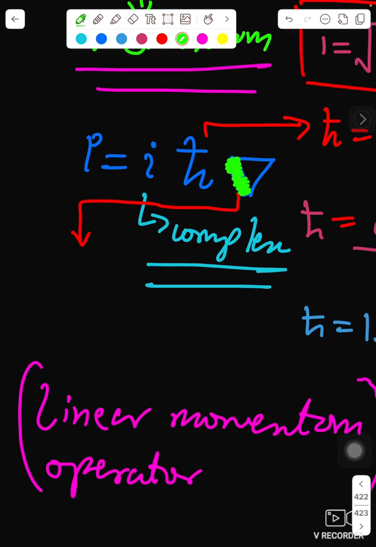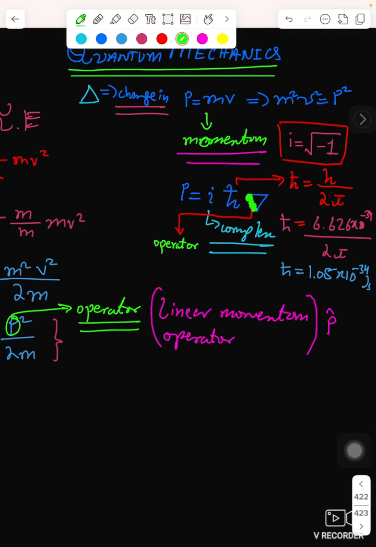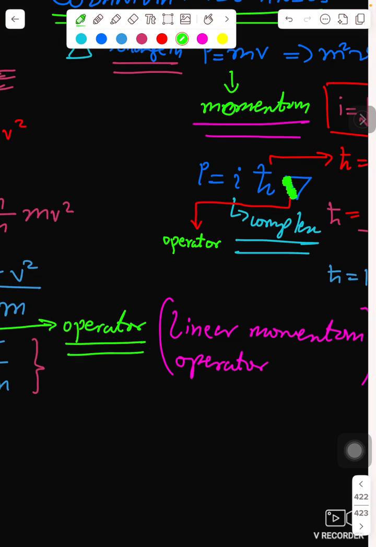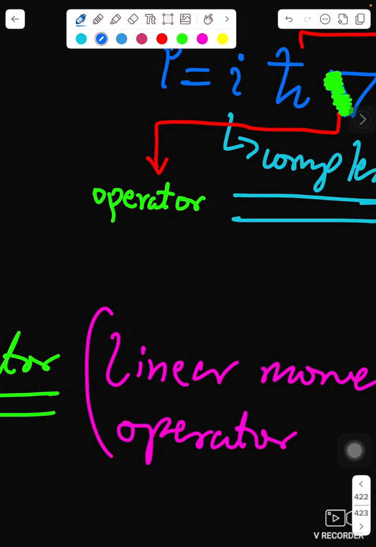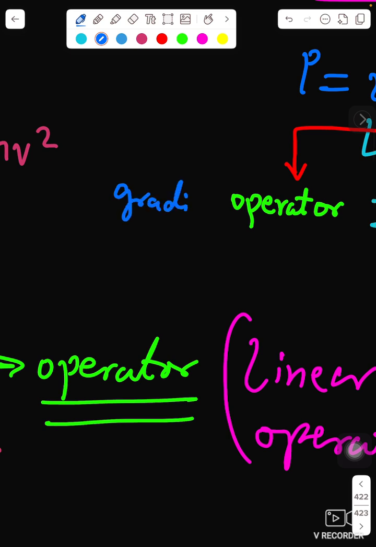If you want, you can just know about it, but it's not necessary. But what it actually is, is also an operator, just like the linear momentum operator, and if we have further operators, I'll tell you about them as well. This is called the gradient operator.